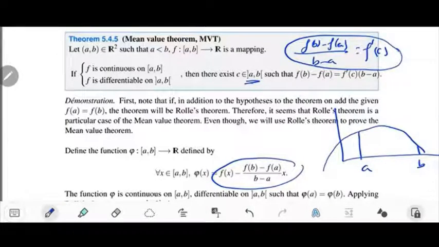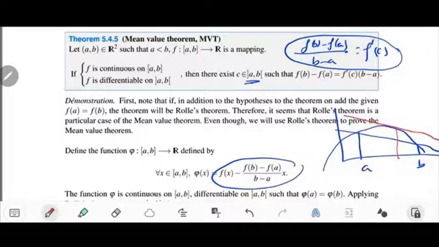It's the slope of this straight line going through the points (A, f of A) and (B, f of B), right? So there exists a point C where the slope is equal to this slope. It means that there exists a point C where the tangent is parallel to this straight line. Okay, so this is the meaning of the mean value theorem.